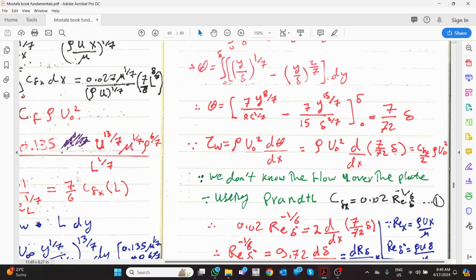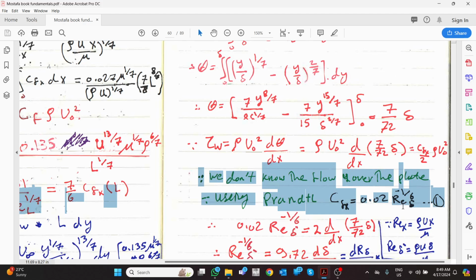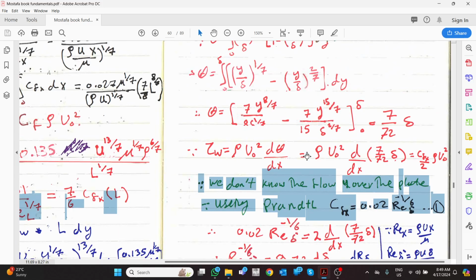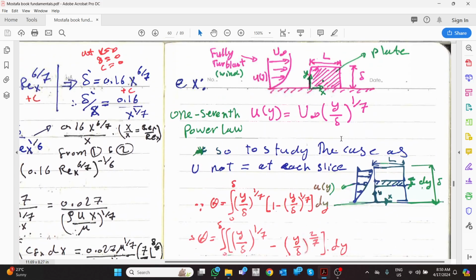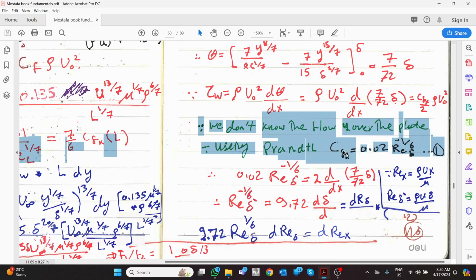It is a long derivation, but it is an entire formula which you can depend on. It is the Prandtl formula. That's why I told you it is very complicated, because we are going to use some formulas from the textbooks.